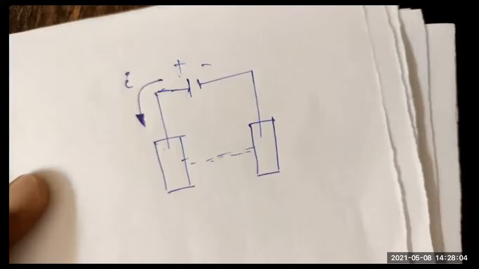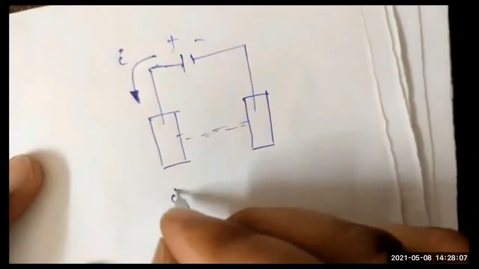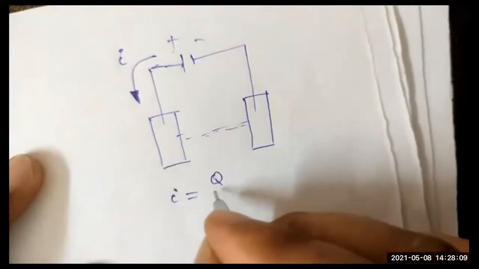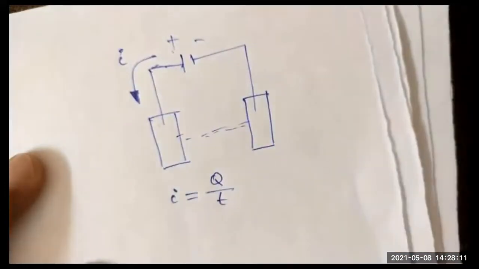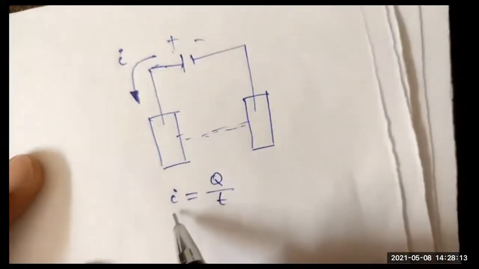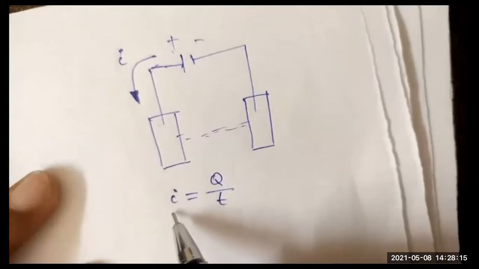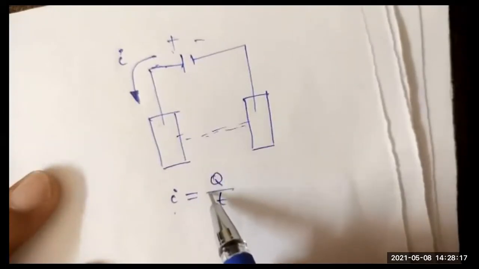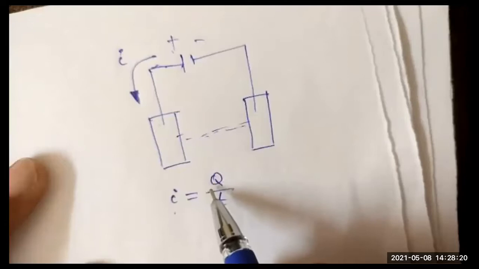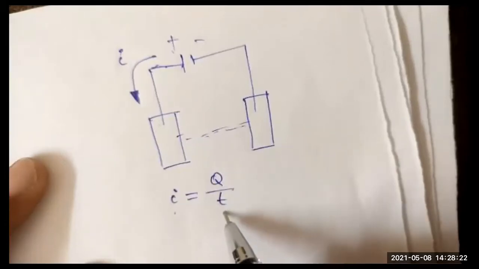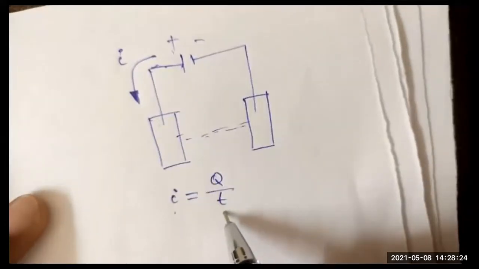And we know I is equal to Q by T. The current which is passing through a circuit is nothing but the amount of charge which is passing in a particular time.